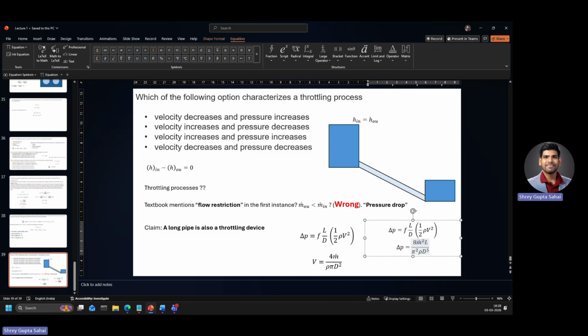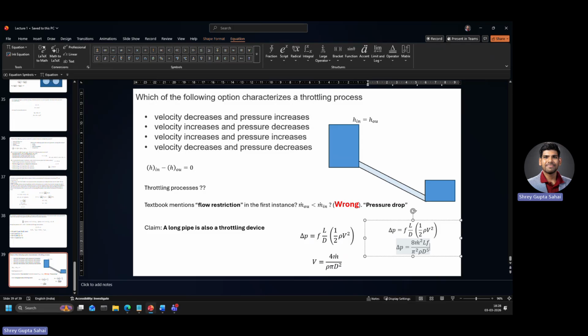Now you see that there is a direct relation between the flow rate and the pressure drop. Across any pipe, or any mass transfer device, which is generally pipes, in any piping you're transferring mass from one position to another.